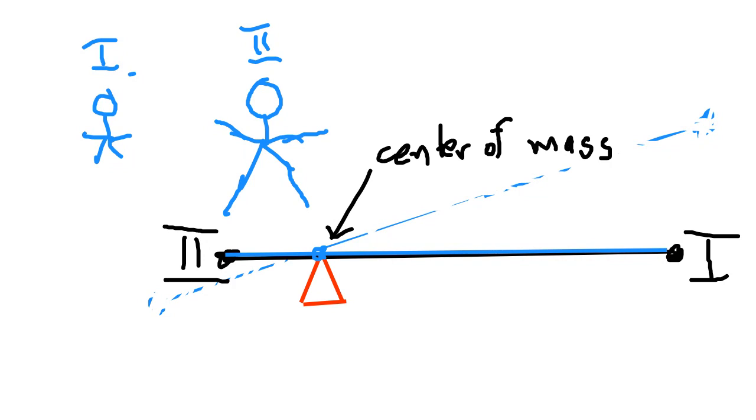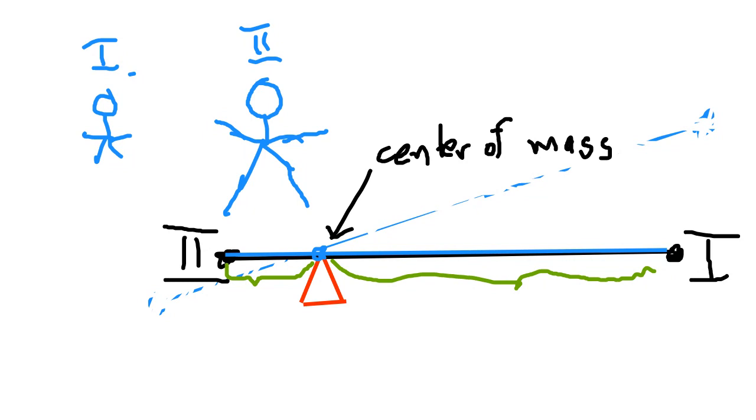Well, it's not just the mass of the two children. What determines the center of mass is the mass of the kids, but for the seesaw to balance, you also have to find the right distances that kid 2 and kid 1 will sit apart from each other.